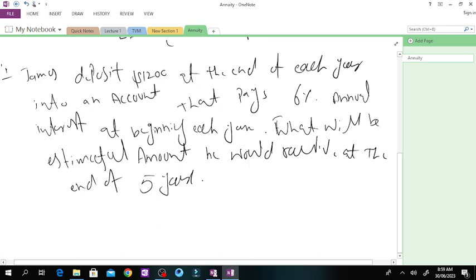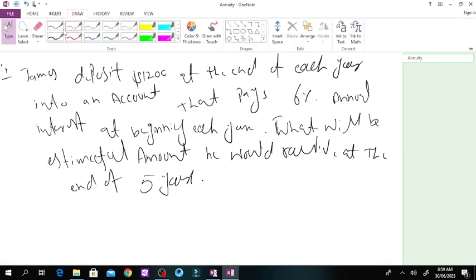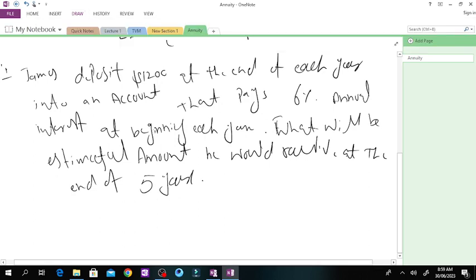Now what you have to do is initially see what you have. James deposits 1200 at the end of each year. So what do you have? You have a present value that pays 6% annual. Now what is the case they are saying?